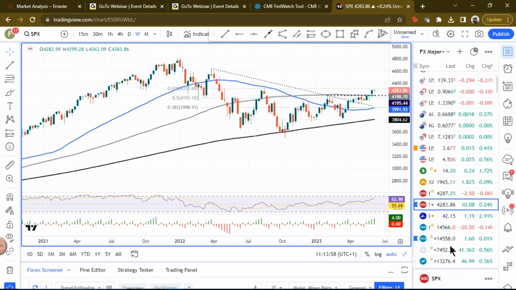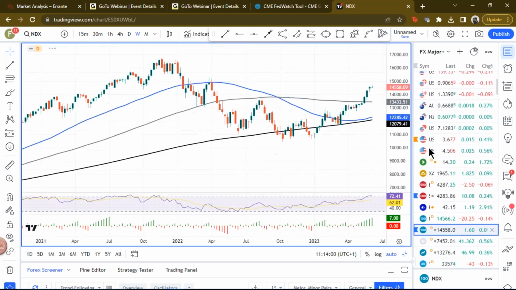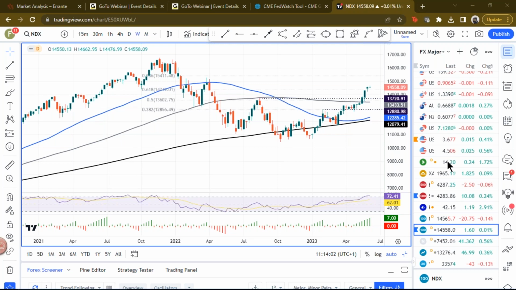If we look at the Nasdaq as well, this is the Nasdaq 100. Again, on the weekly, we like this chart, hovering around the lows, the highs, and then a sharp break higher after consolidating those recent highs.